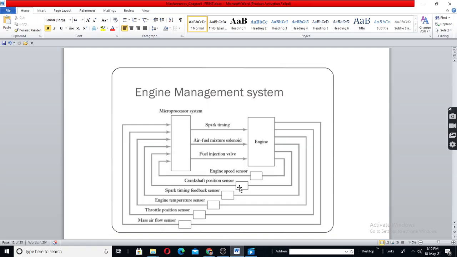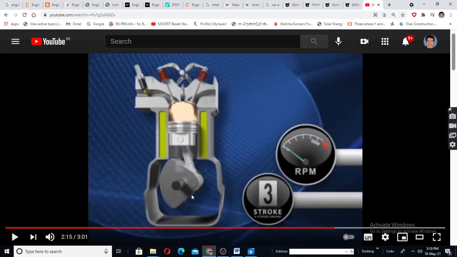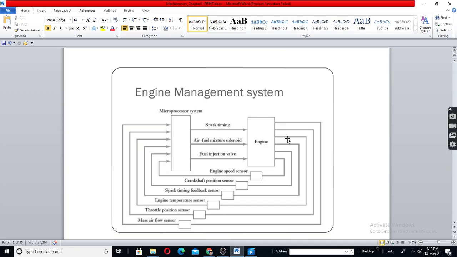The microprocessor will sense the position of the crankshaft. After the end of the second stroke, it will issue a signal to ignite the fuel, meaning to actuate the spark plug. So that is one operation.